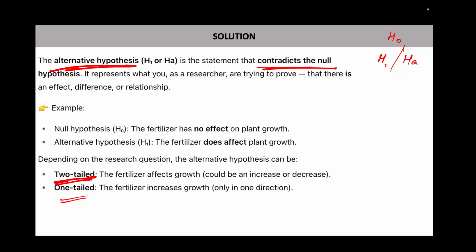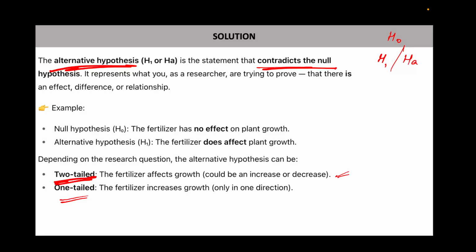Suppose you have just proved that fertilizer is affecting the plant growth, but you don't know whether that effect is positive or negative. It could be that adding the fertilizer is reducing the plant growth, or it could be that adding the fertilizer is increasing the plant growth. When you don't know exactly what kind of relationship it is, whether positive or negative, the relationship is a two-tailed alternative hypothesis.